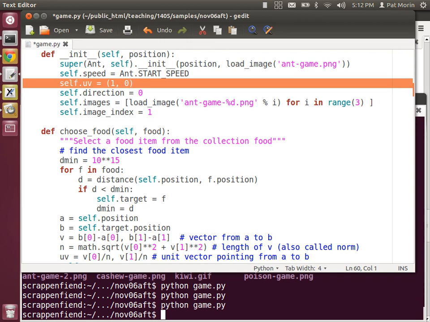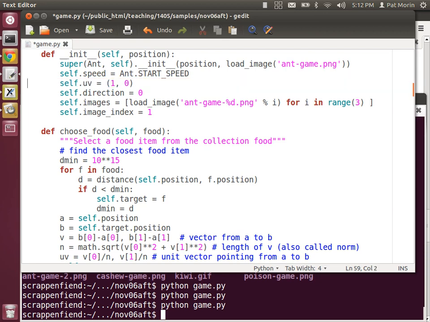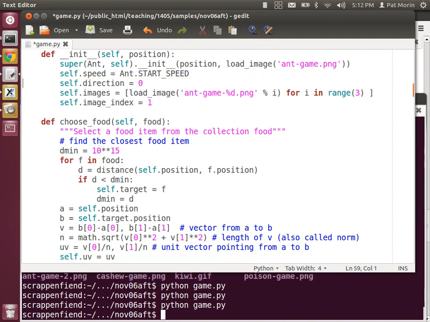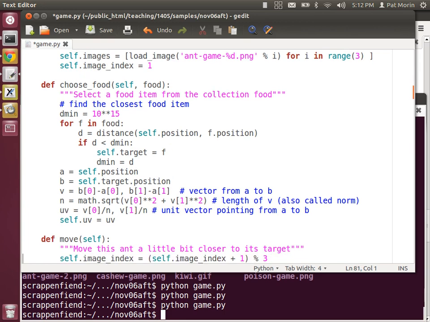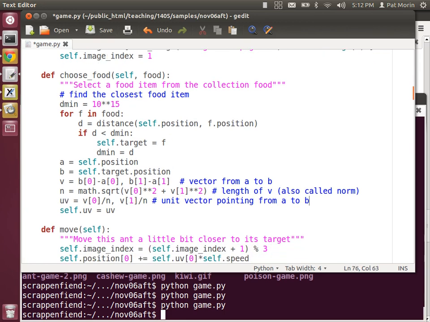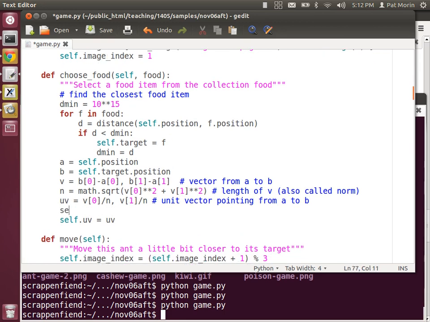So maybe what we want, instead of this vector UV that the ant is pointing in, there's another way to represent the same information, which is just saying what the ant's direction is. And we'll use an angle measured in radians. So the vector 1, 0, which is position 1 on the x-axis, that's really 0 radians.